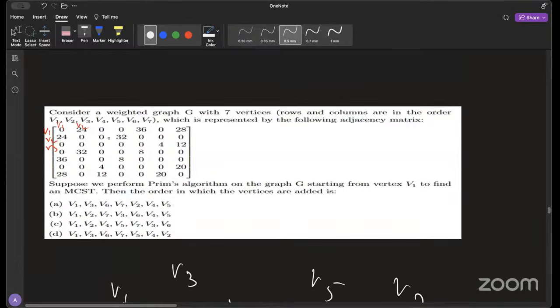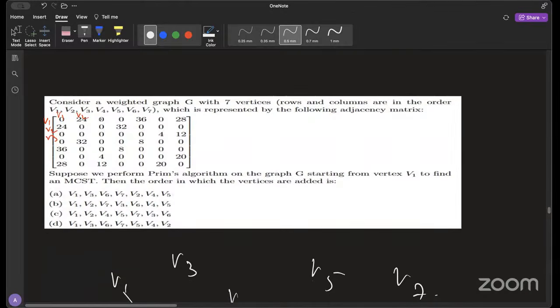Then we have edges from V1 to V3 and so on. Let me write this down: V1, V2, V3, V4, 5, 6, and 7. So from V1, we have 24 to V2, then 36, and 28.